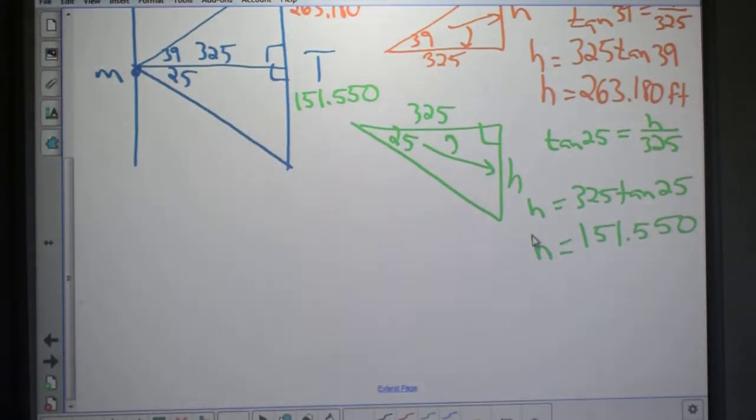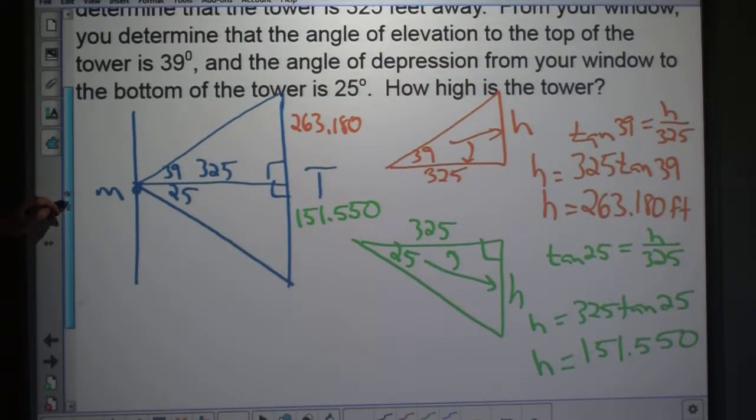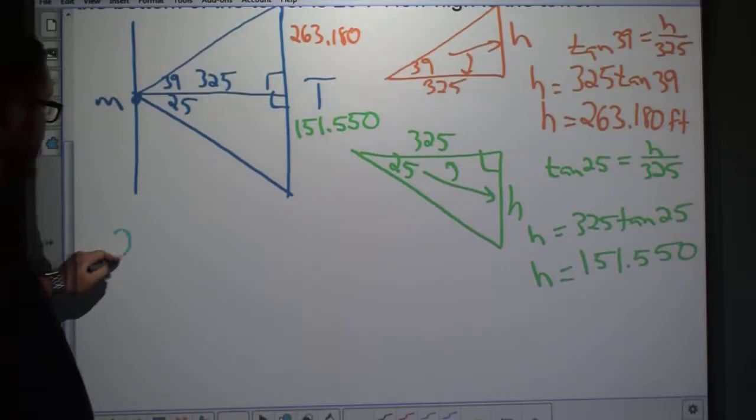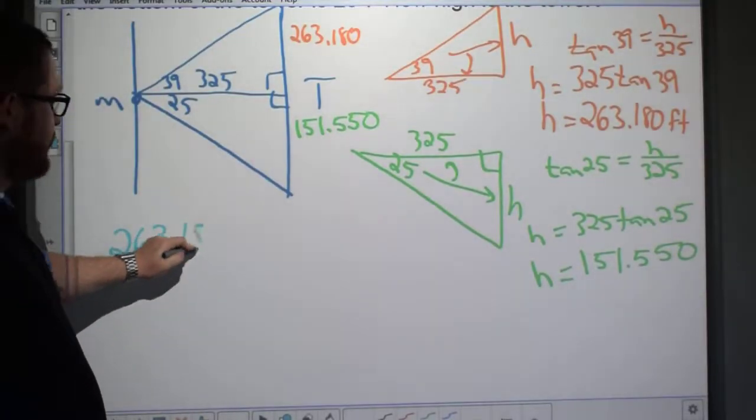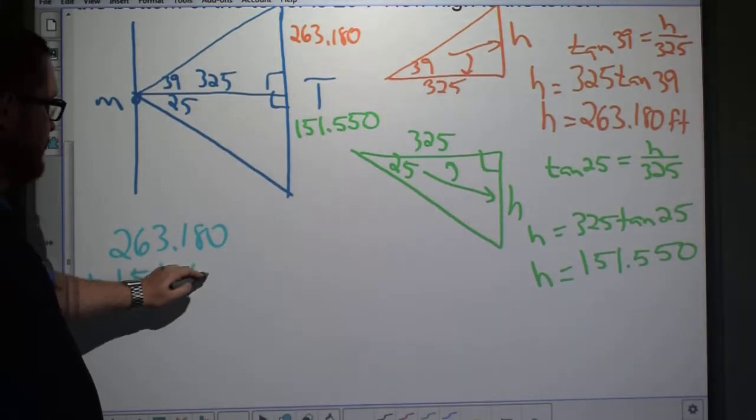I didn't ask for either of those numbers, I asked for the height of the tower. The height of the tower is both of those numbers put together. So it's 263.180 plus 151.550.